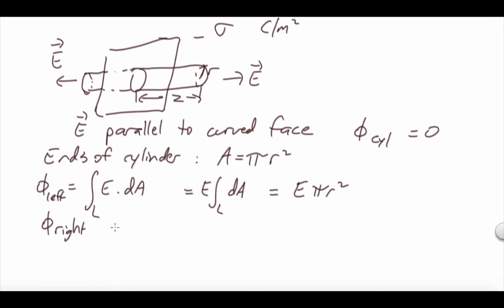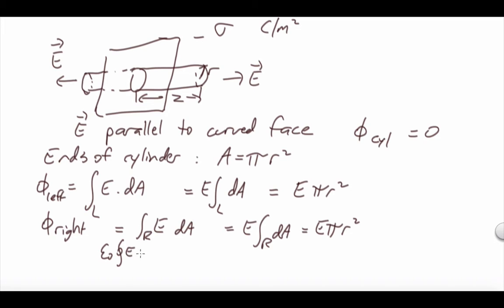So that is the integral on the right of E dA, and so we will also have E pi r squared. So now we have that epsilon naught times the whole integral of E dA is the enclosed charge.